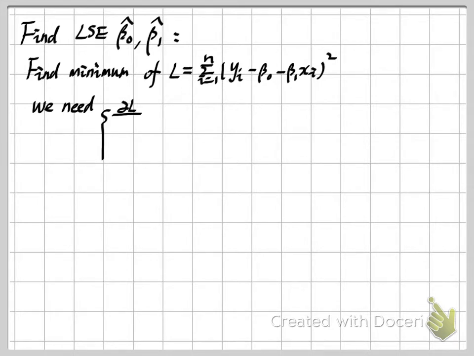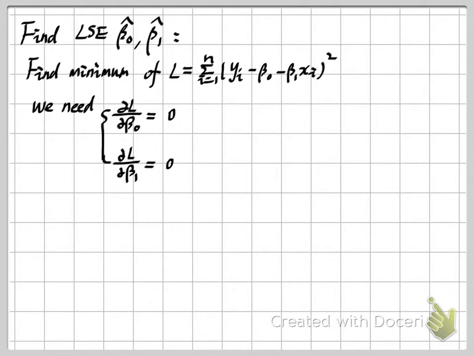The first one is a derivative with respect to our beta 0, and the second one is a derivative with respect to our beta 1. Here we denote the error as capital L. And after we compute these two derivatives, we should set them equal to 0, right? Now we have two equations with two variables.